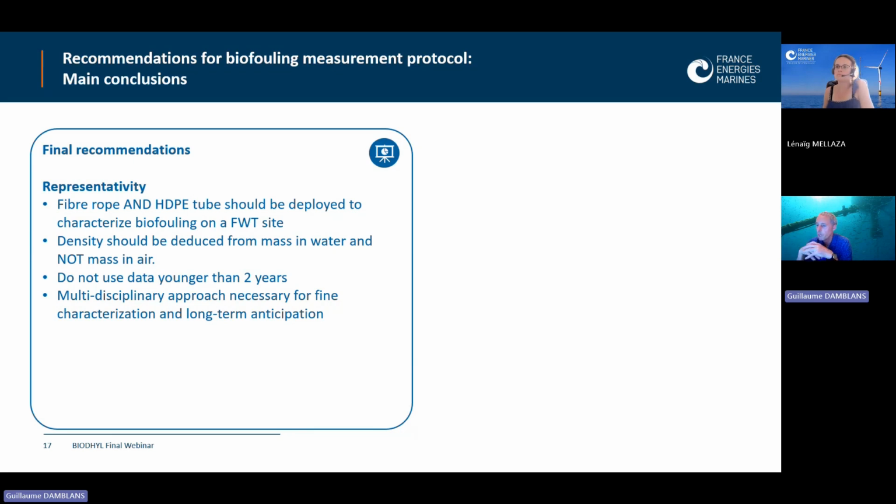Also, if you make measurements to derive a density for calculation, please use the mass in water, because it's really the only way to be representative. And if possible, use the displaced volume, if you have the data.